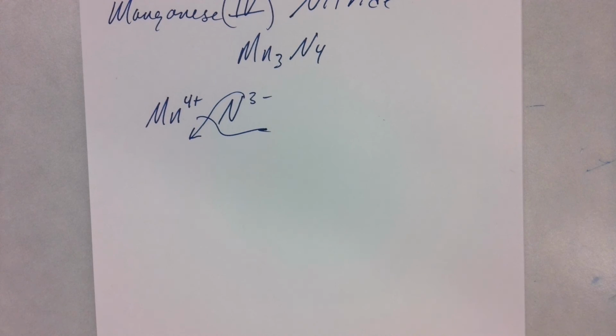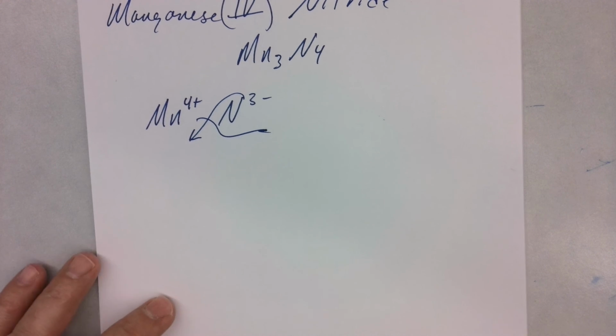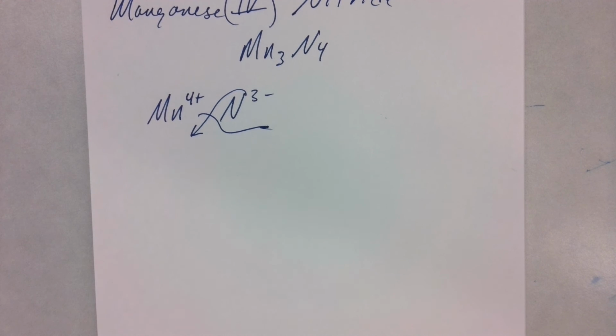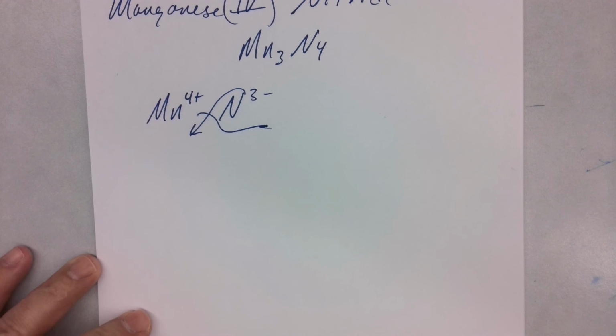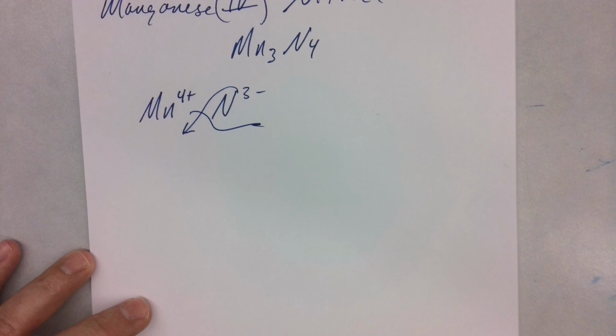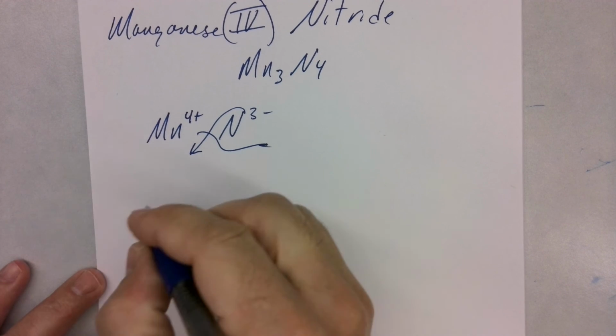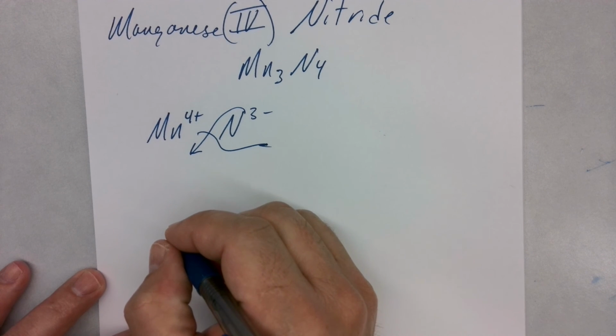Anybody else got a good question of what we're not understanding? Should we do some more? Do one more? Alrighty. Name or formula?